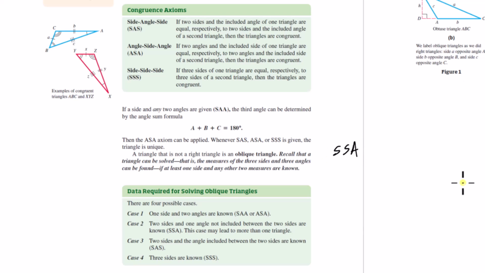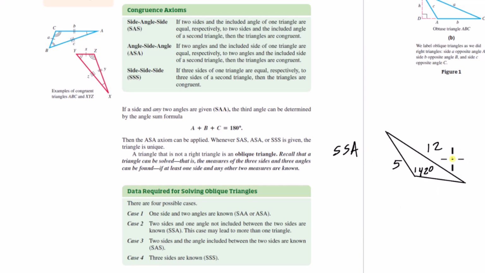So let me draw this. Okay, so you've got a side length and an angle that's not included between those two sides. This is not one of the congruence axioms. So that means that this triangle is ambiguous.